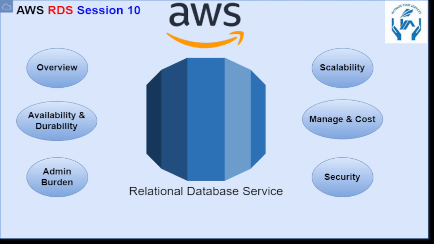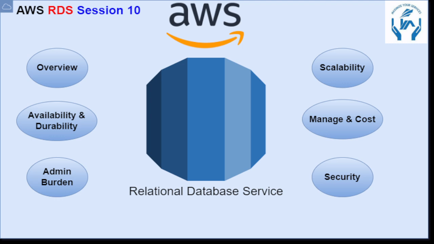First we will discuss its overview, availability and durability: how Amazon provides us availability in any shortage or disturbance, and durability of data. Then admin burden: how Amazon reduces the burden at the admin level.